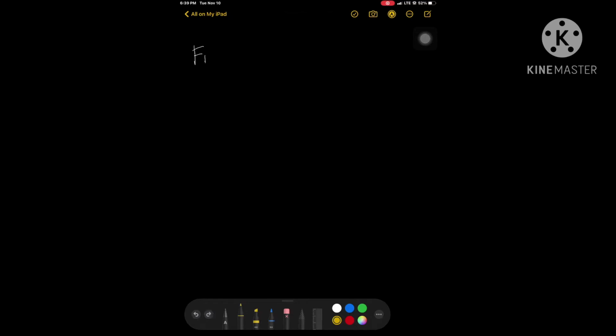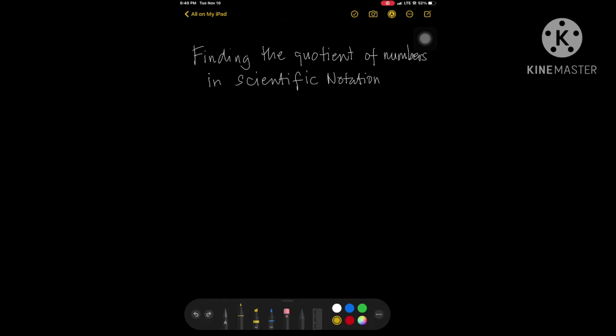Good day. So, our lesson for today is about finding the quotient of numbers in scientific notation. We will be using steps.